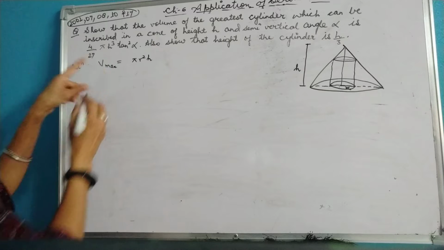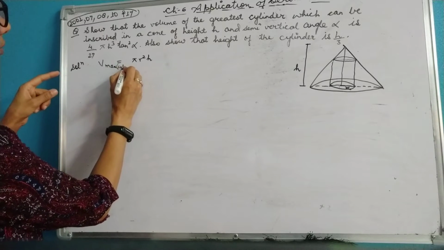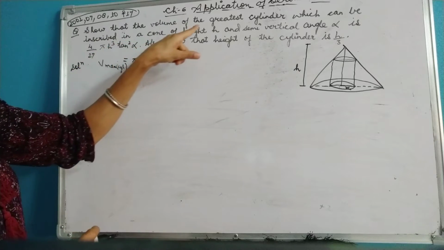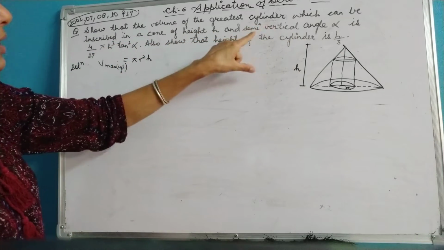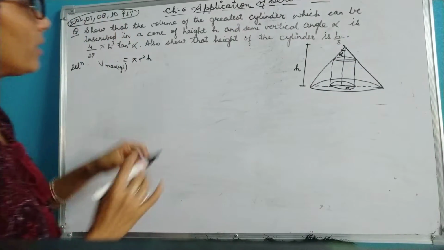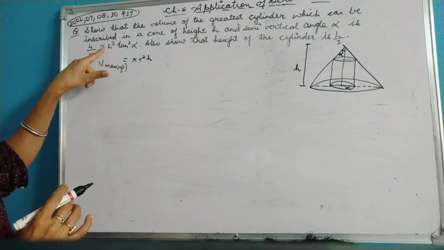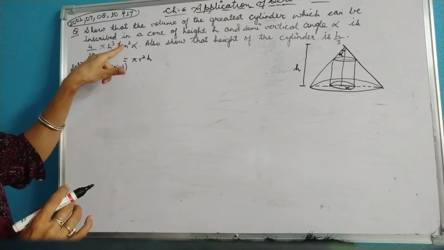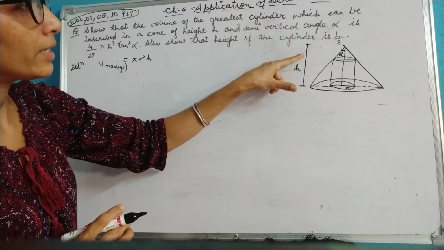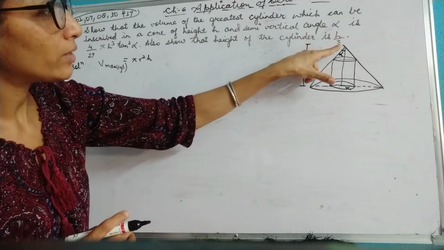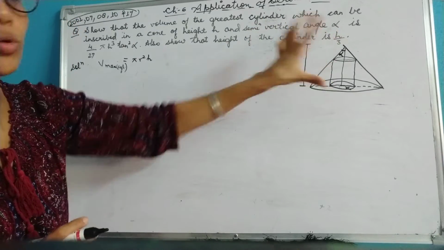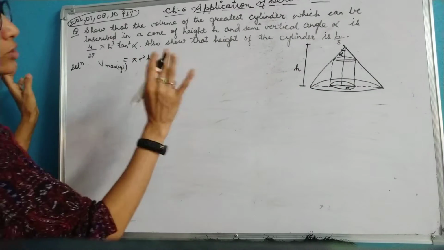So this is the maximum volume of the cylinder which can be inscribed in a cone of height h and semi-vertical angle alpha, say this is your alpha, is 4 by 27 pi h cube tan square alpha. Also show that the height of the cylinder is h by 3, that means 1/3 of the height of the cone. This you need to prove.